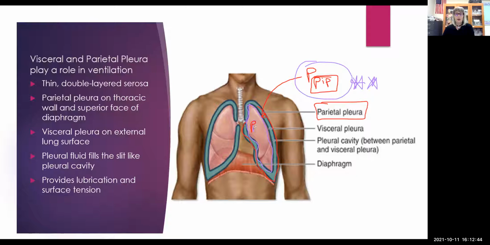Even if the pressure in here is the same as P-pul, if this pressure increases to equal or greater than P-pul, the lungs collapse. You do not want to have any high pressure here. That is why the lung is in a vacuum, so that there is no air.